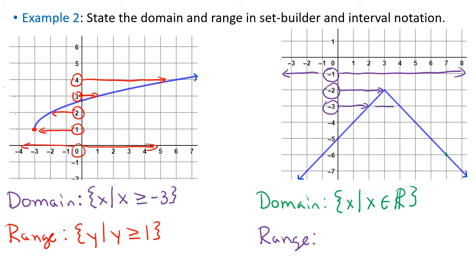At -3, there are 2 points on the blue line when y is -3. At -4, we have 2 points on the line. Therefore, the y values that create this graph are all the y values that are -2 and below. So we can say that the range is y such that y is less than or equal to -2.